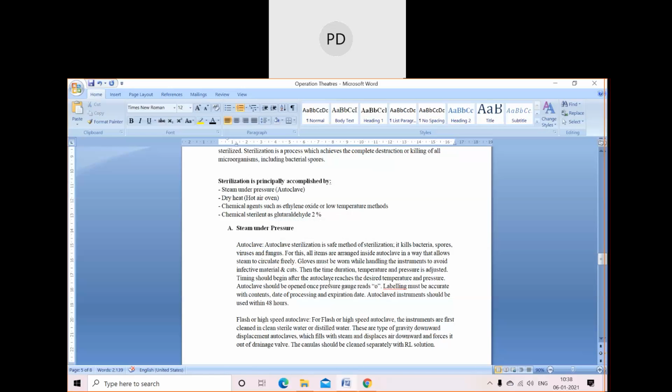Over here the process is mentioned, you just study and you will get to understand. It is very easy. And one thing you have to remember for exam: autoclave instrument should be used within 48 hours. What is the time period for using a particular autoclave instrument? The options will be given and you have to select the option. So 48 hours is the answer.